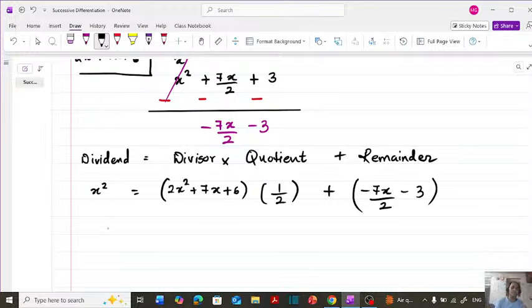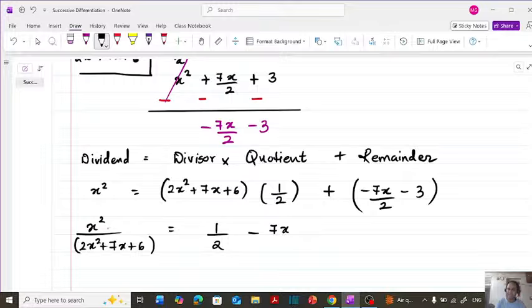So x square over 2x square plus 7x plus 6 is equal to half, and here it is going to be minus 7x by 2 minus 3.